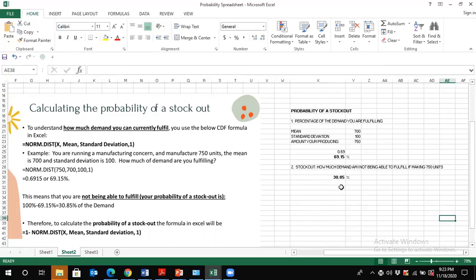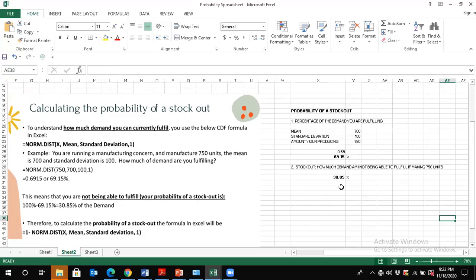And maybe the company needs to look for another supplier or increase its manufacturing capabilities. So this is a very important tool to really understand how much you're producing.